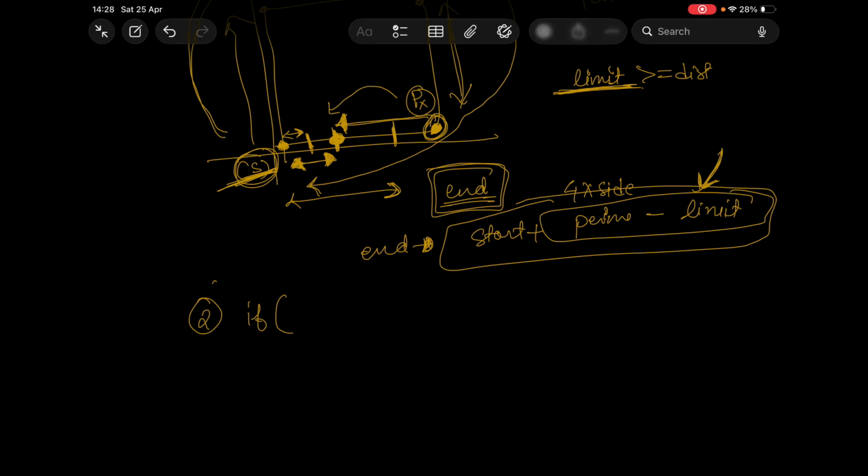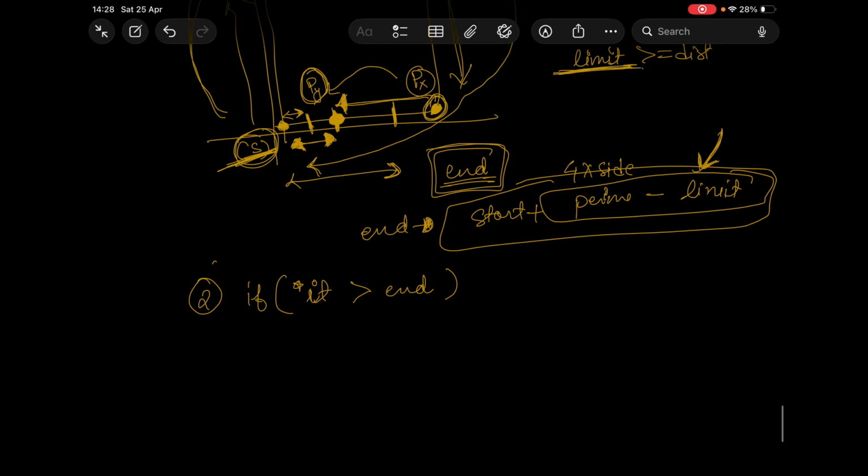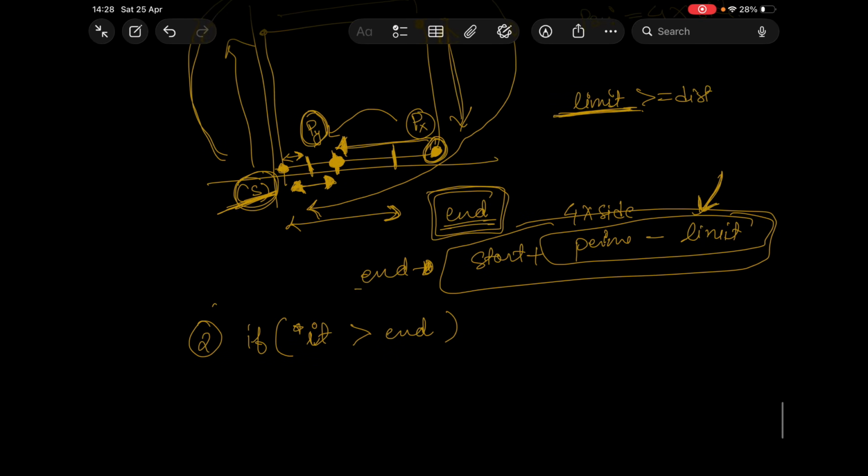This point y gave me the address of this point, so I'll take the value from it, star of this. If this value is greater than my end, so this was the end that I calculated, this here is the end.